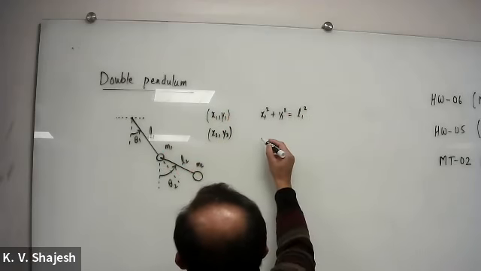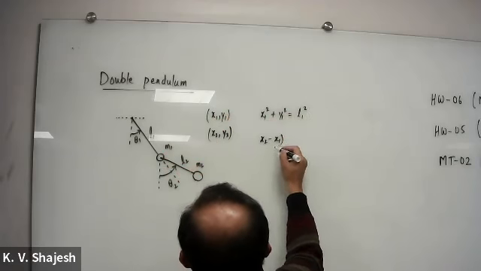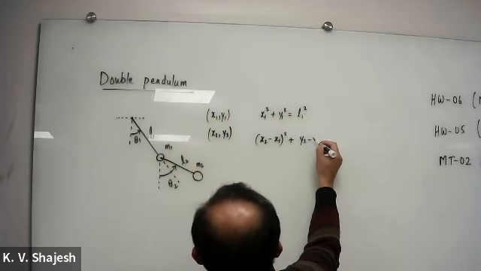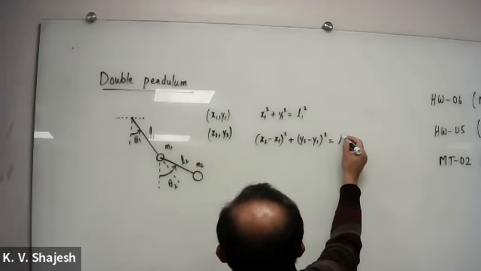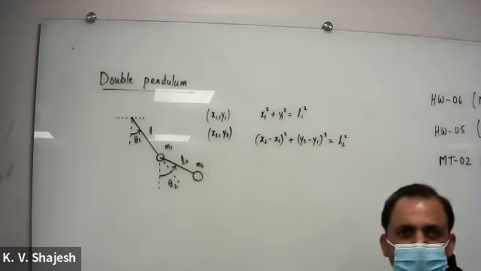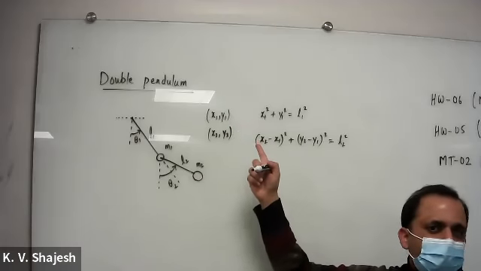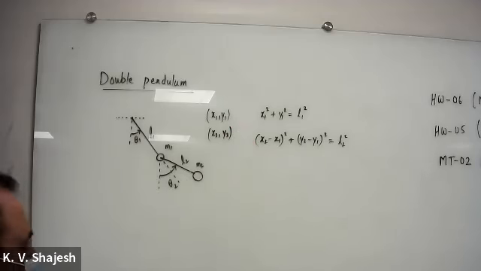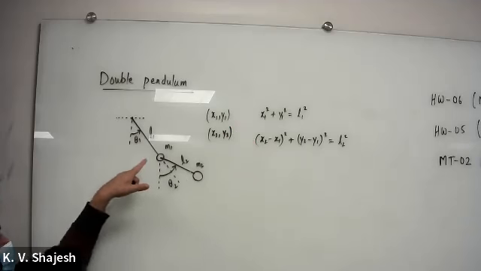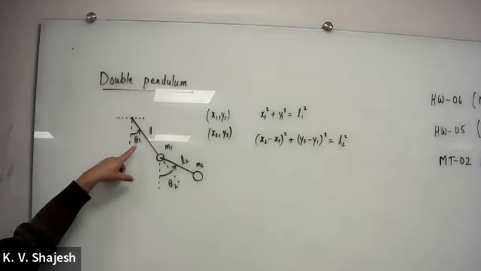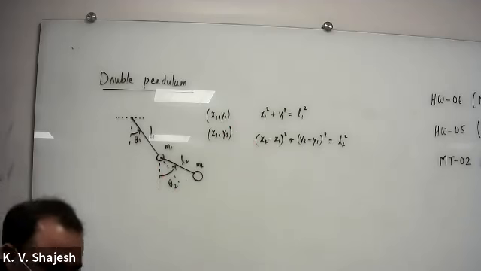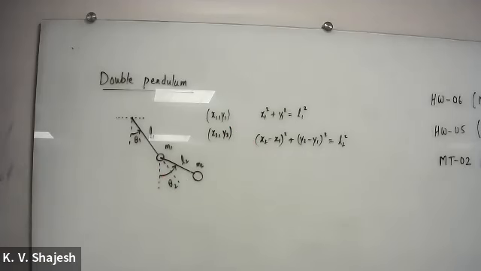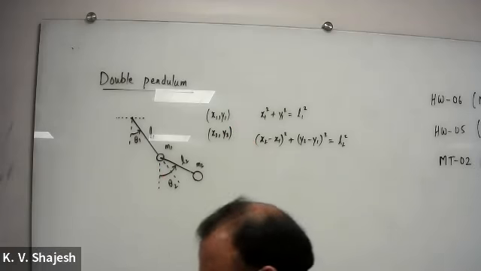And similarly, (x2 minus x1) squared plus (y2 minus y1) squared is equal to L2 squared. So there are constraints here. So the four coordinates are clearly not the ideal situation, so we should choose better coordinates. In this case, it is reasonably straightforward to realize that it is θ1 and θ2. But often in complicated systems, that might be the most challenging situation, to figure out which coordinate you want to work with, which is a dynamical variable. That could be in itself a challenge.